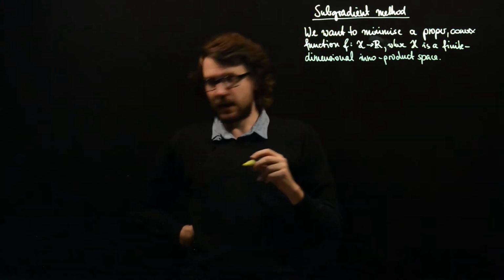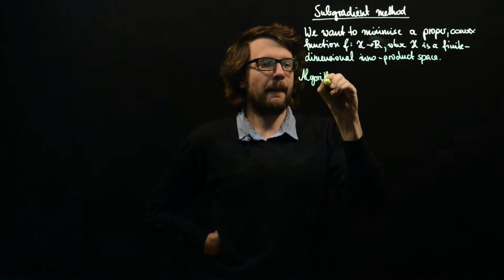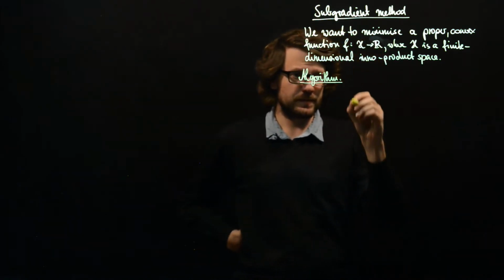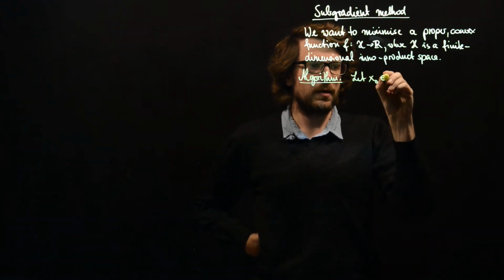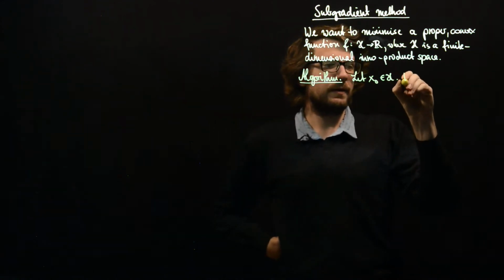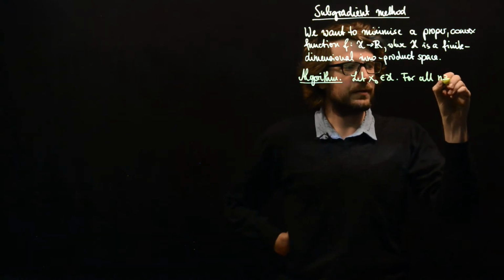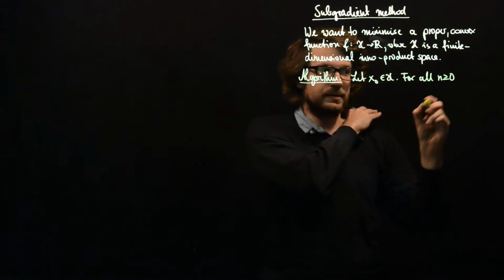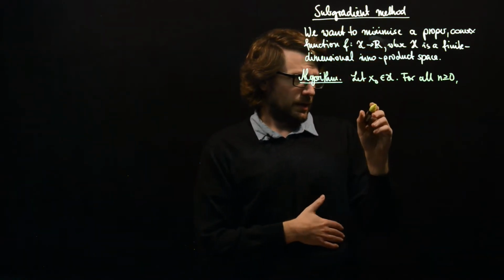Okay, now let's formulate the algorithm. The algorithm goes as follows. So start with some x0 in H, and then for each iteration, I will denote the iteration number by n, so that we can just name our things.